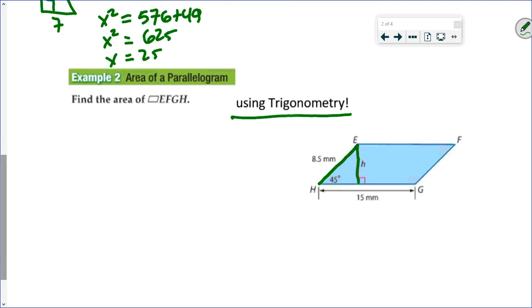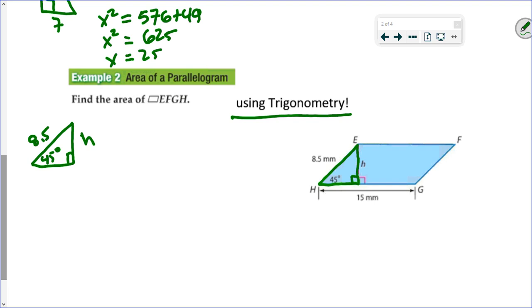This right triangle. What's tough about this right triangle, if we redraw it out here, is we only have the hypotenuse length and an angle measure. So of course, to find the missing side, which over here we should call H, we'd have to use some trig.